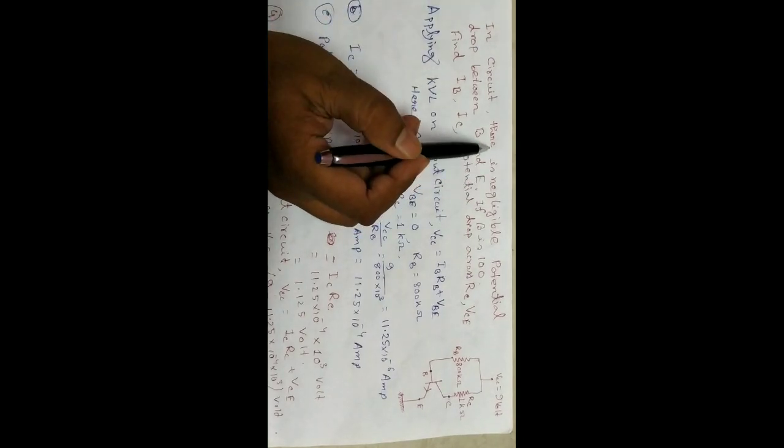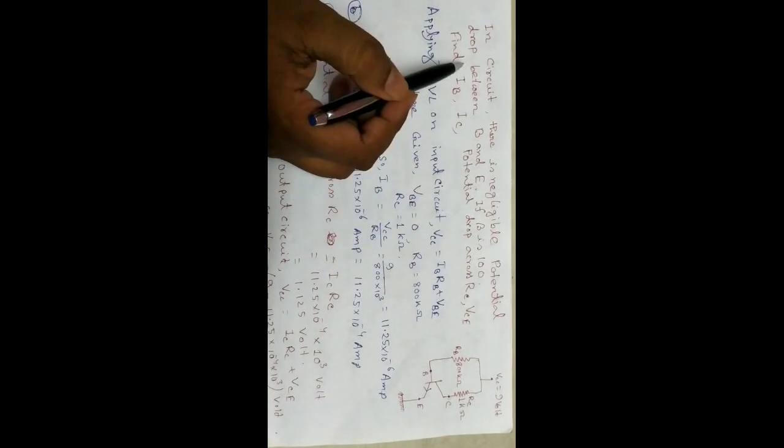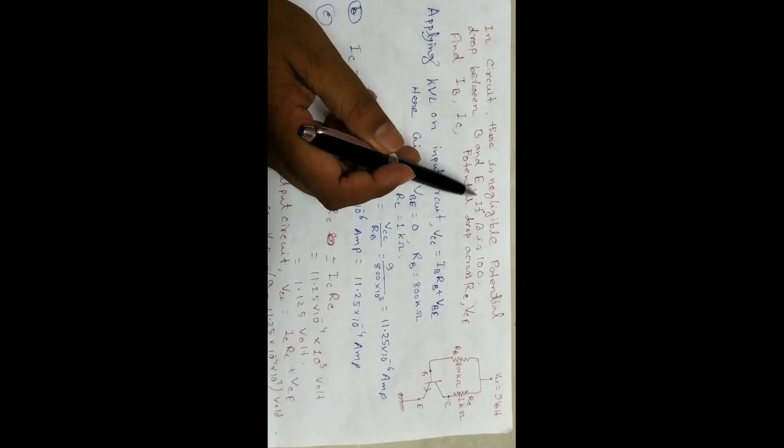Here this is an NPN transistor, and a 1 kilo ohm resistance is connected to the collector and an 800 kilo ohm resistance is connected with the base, and VCC is given as 9 volt. One thing to remember: they told that there is a negligible potential drop between base and emitter.